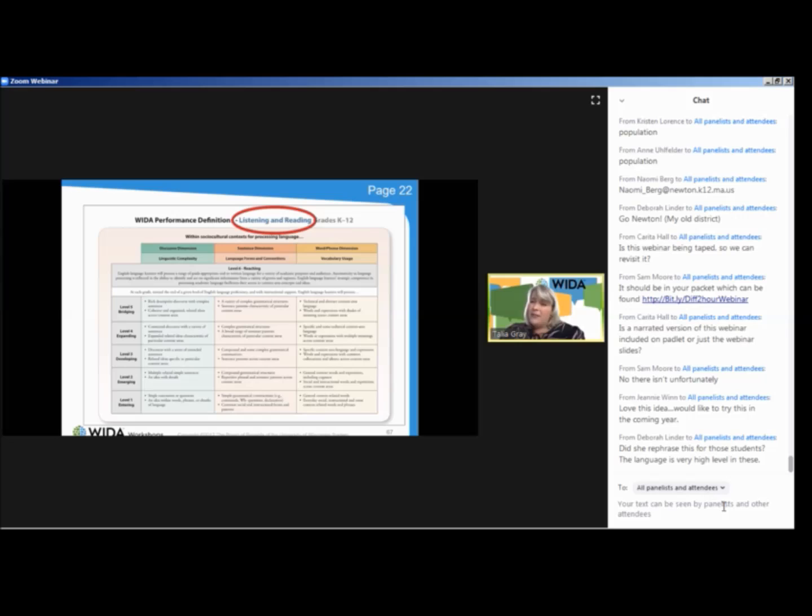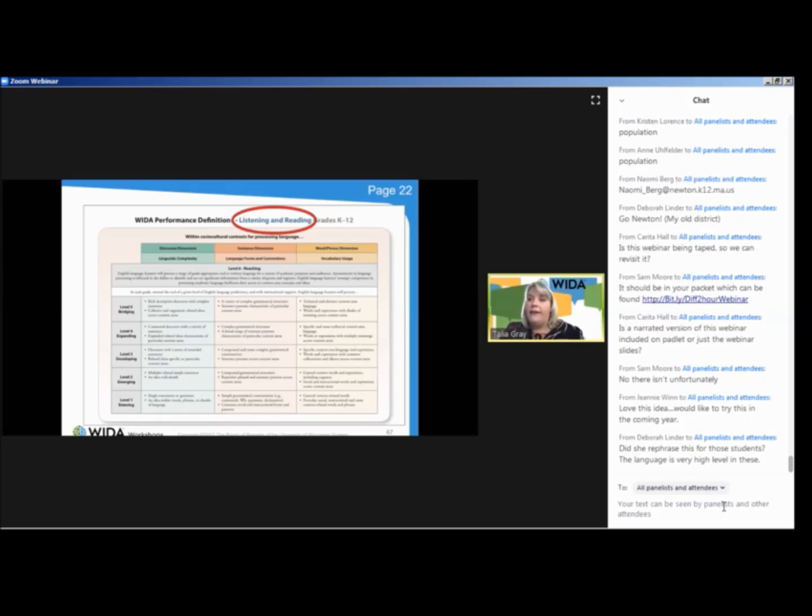There is also something called the can-do descriptors that WIDA provides for us. And those are a little more kid-friendly. But again, this was a secondary teacher that used that. What I will probably do is go through and make them a little more friendly for my students.